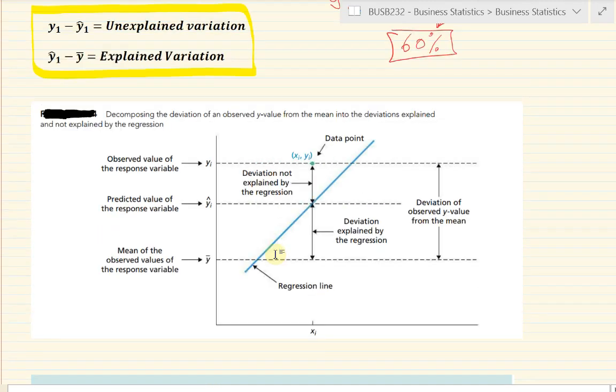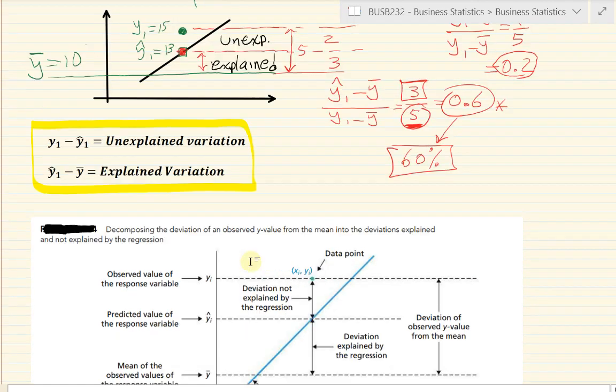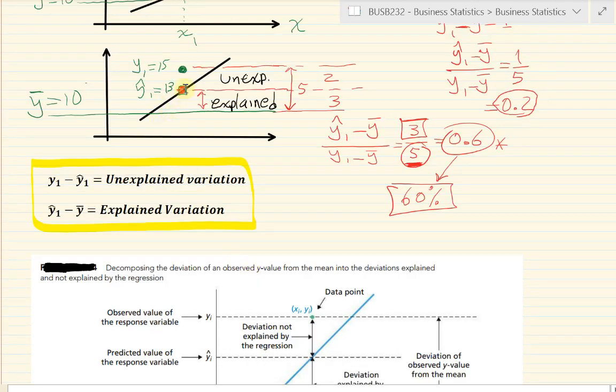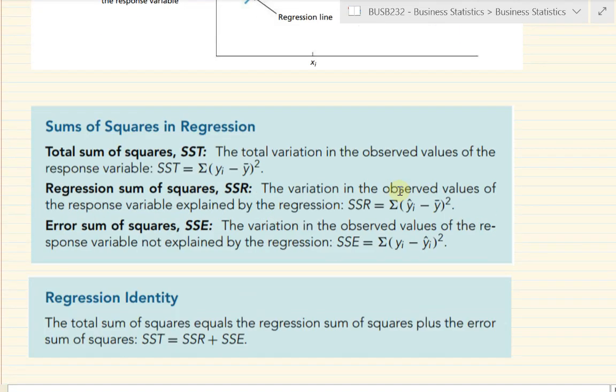Now imagine we do this for every data point, and keep in mind, the closer the predicted to observed value is, the smaller the unexplained portion is, the higher the explained. And remember, we're going to look at the ratio of explained portion to total. The higher the better. And that's what's coming up.